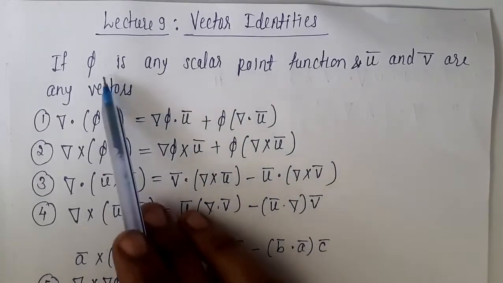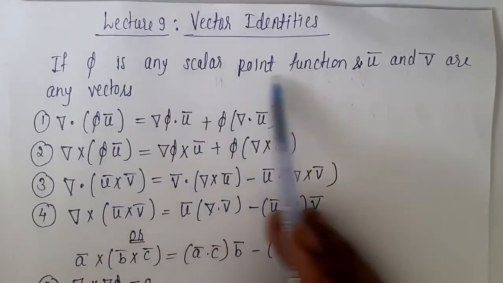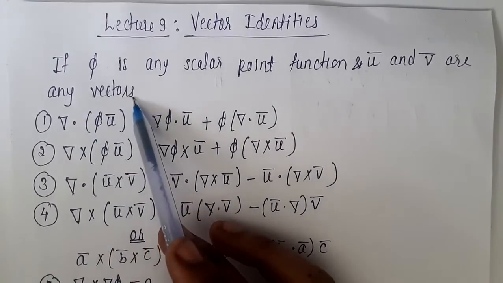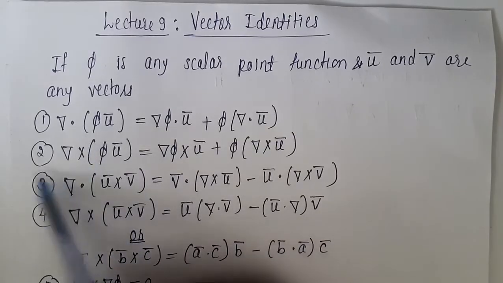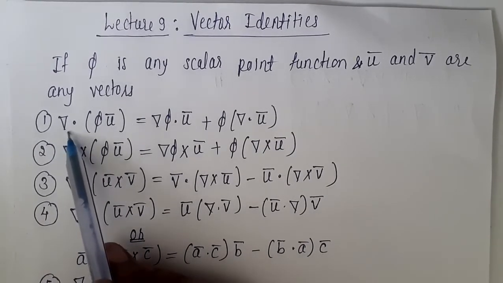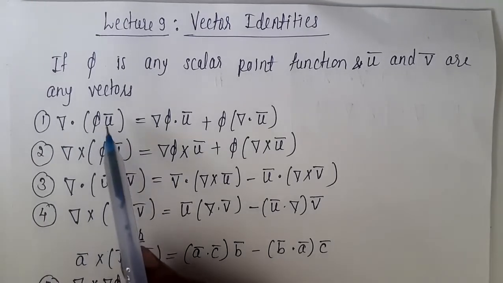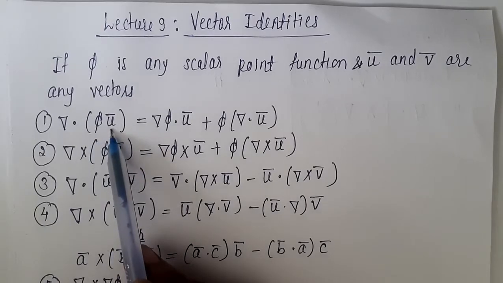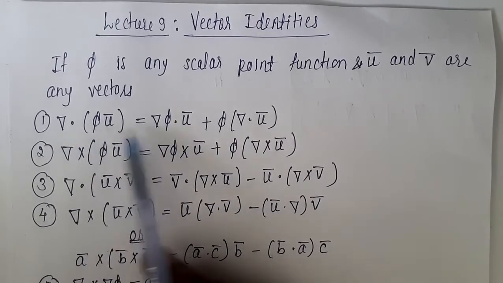So first, if phi is any scalar point function and u bar and v bar are any two vectors, then the first identity is: if we operate del dot phi u bar, where phi is a scalar quantity and u bar is a vector quantity, how to operate this?